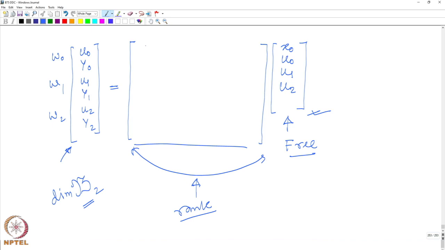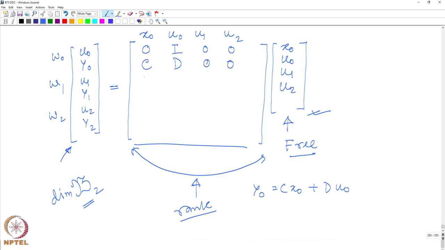So, it is essential for us to find out the rank of this matrix. Now, what is this matrix? This column multiplies x0, this column multiplies u0, this column multiplies u1, this column multiplies u2. What is u0? This is just identity 0 0, that is it. What is y0? y0 is C times x0 plus D times u0, so C x0, D u0, that is it.